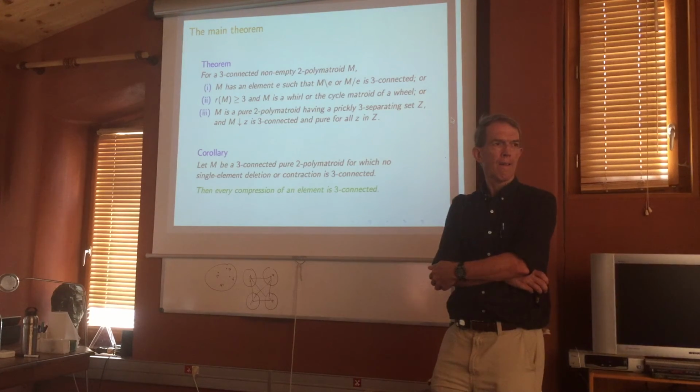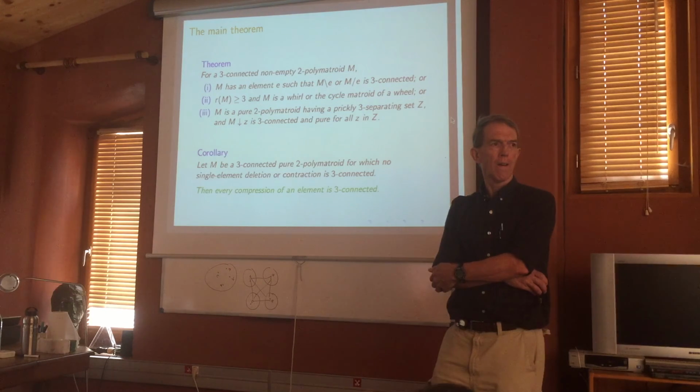But someone asked about whether it made a difference if you've got an isthmus or a loop in a graph. That does make a difference to the two-polymatroid, because you get either rank 2 elements sticking out, or else a rank 1 point. But if you think about the connectivity function of the two-polymatroid, you can't tell the difference, whether you've got a rank 2 element sticking out, because that gives you lambda equals 1, or just a point.